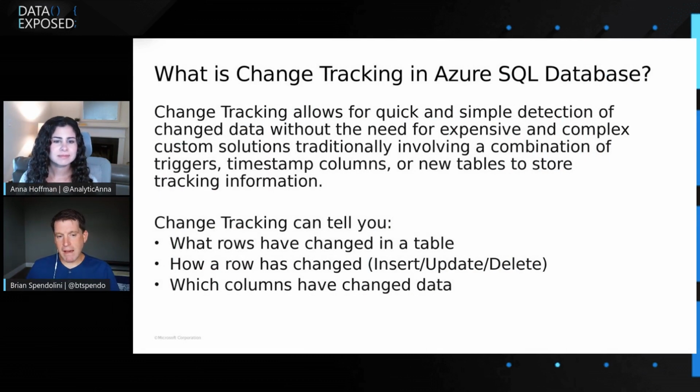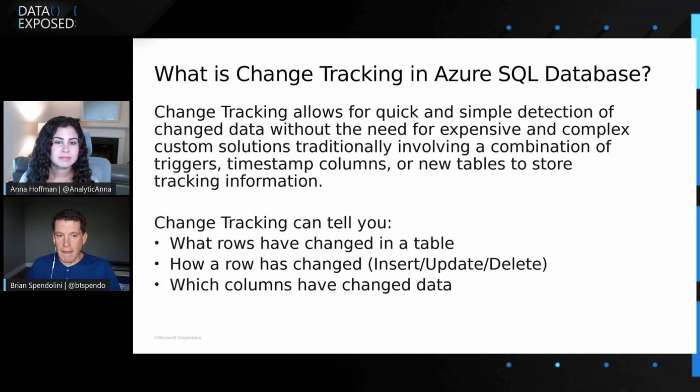So change tracking is going to basically tell you when or how a row has changed. Is it an insert, an update, or delete? Which columns were involved with that change? And which rows have changed over a specified period of time.